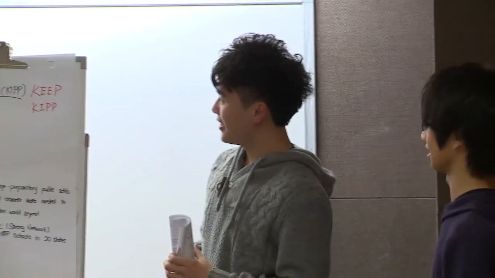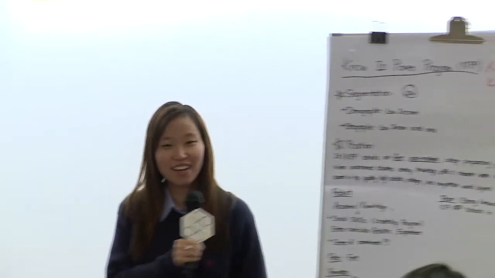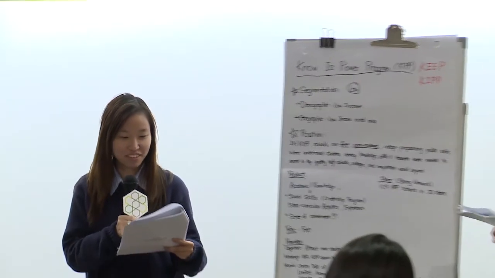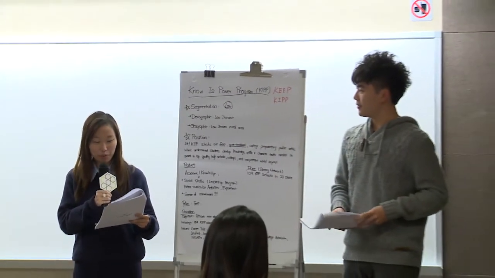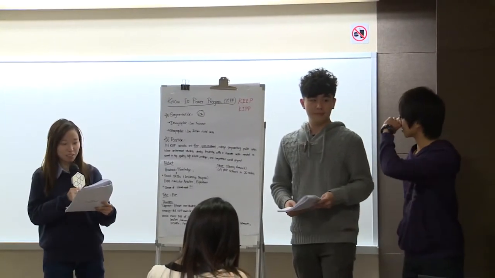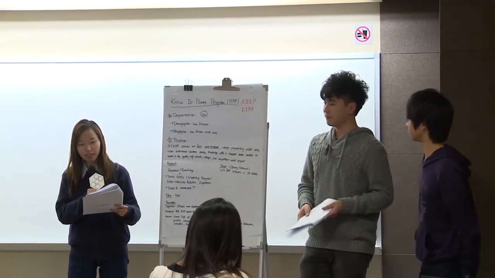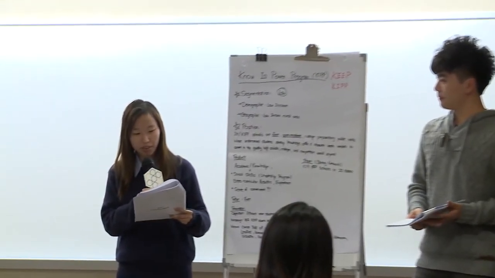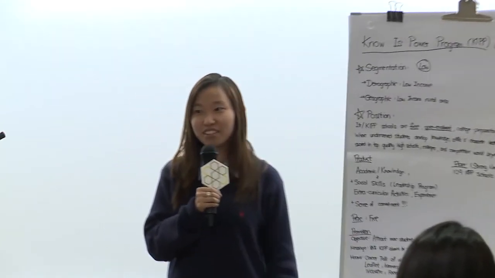Okay. So hi everyone, I'm Yvonne and this is Michael and he's Jacko. We are here to represent the Knowledge Power program, KIPP. This program is a national network of free and open enrollment college programs. I think every one of us doesn't really have to worry about going to college because we all are here, comfortable, sitting and learning everything.